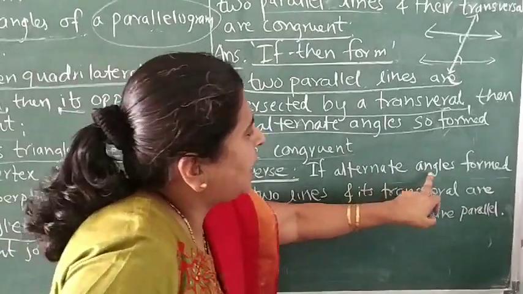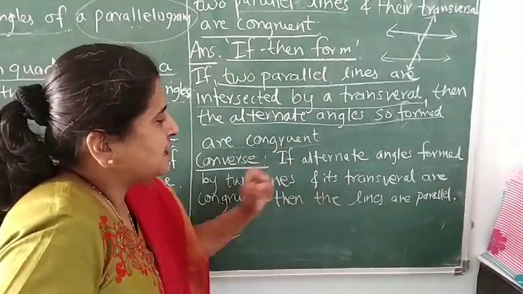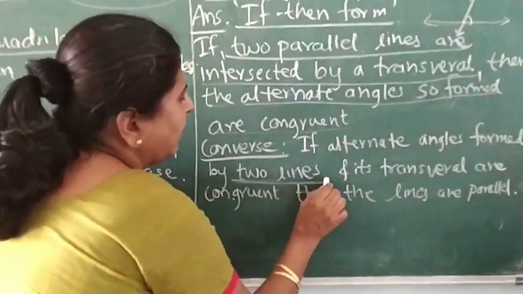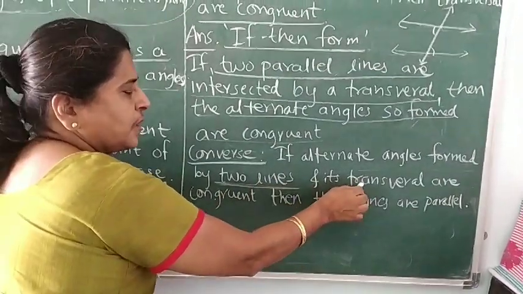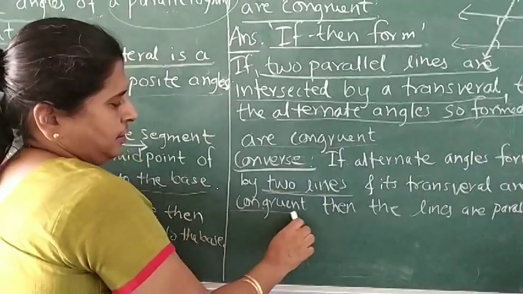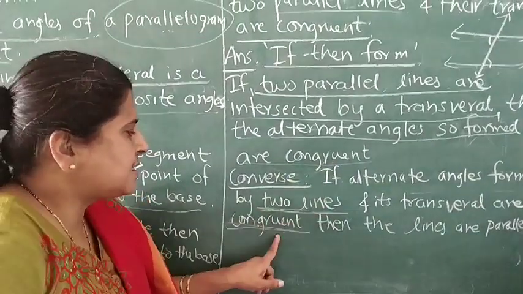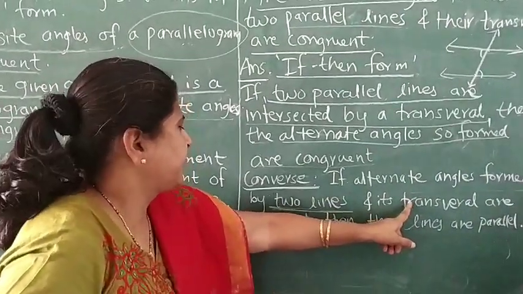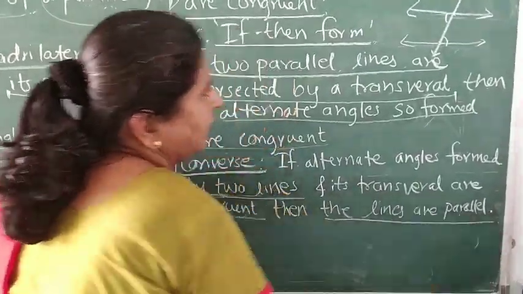So: if alternate angles formed by two lines and their transversal are congruent, then the lines are parallel. Please understand, here we are not writing parallel lines in the if part, we are writing just two lines.